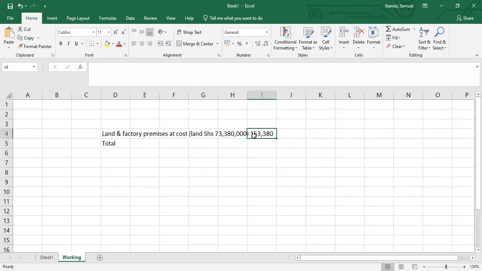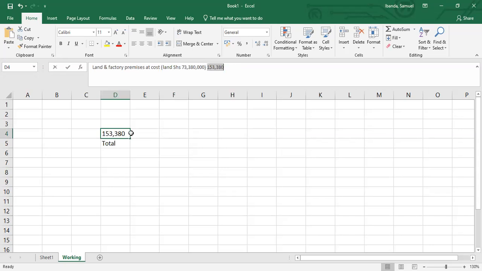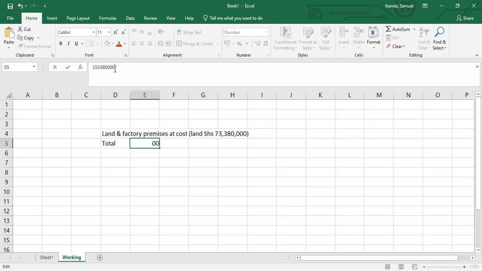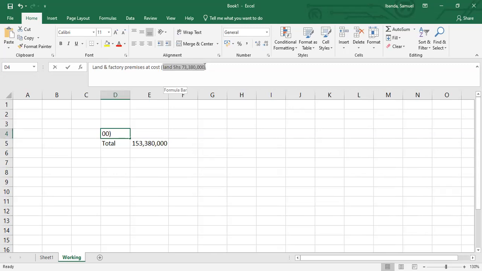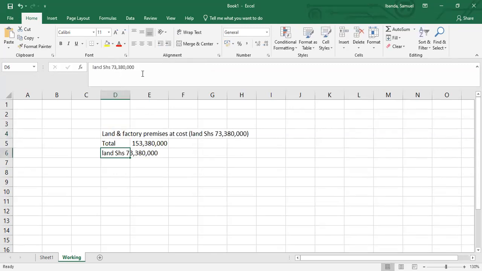The total is 153. Let me just add the 3 zeros. So the total is 153,380,000, and then the land is about 73.